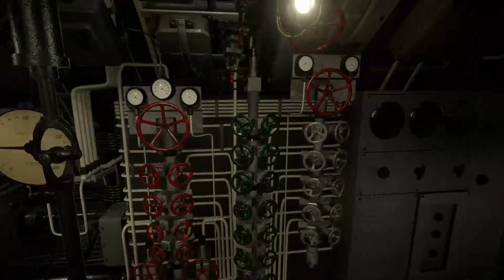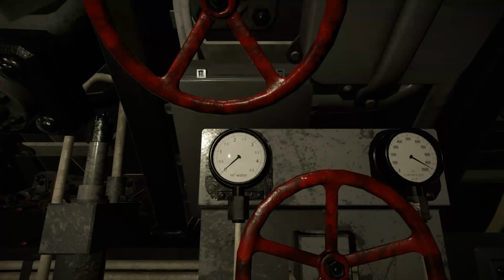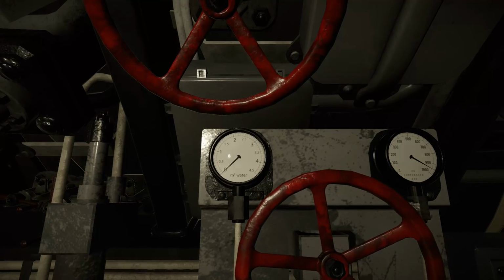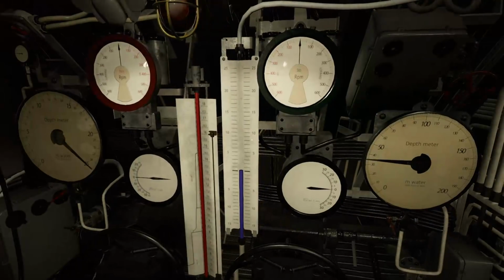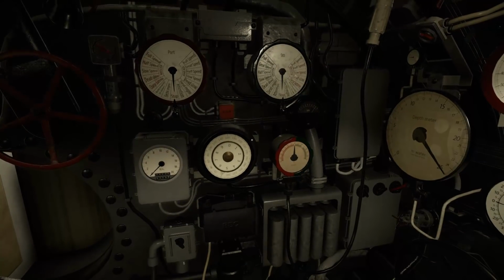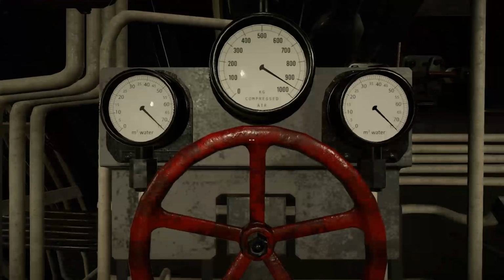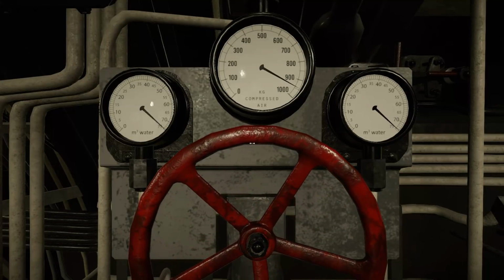Alright, we are going to surface the boat. There are a lot of procedures you would normally do in this situation, and you also normally wouldn't do it just with the ballast tanks, but that's what I'm going to do to attempt to prevent us from drifting at all. So we'll just blow some ballast water.